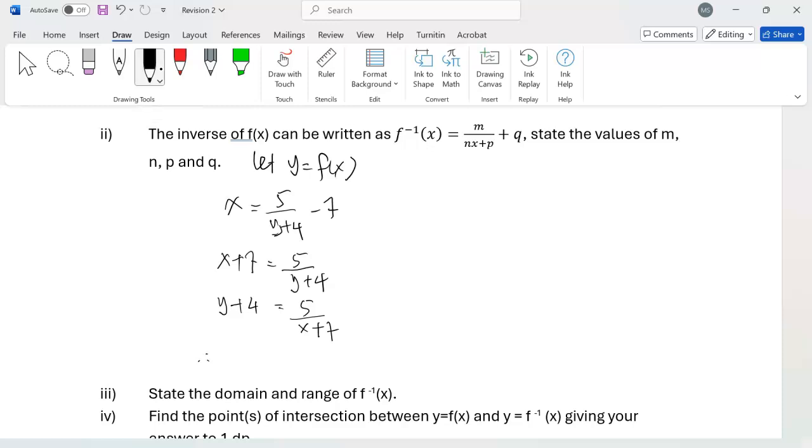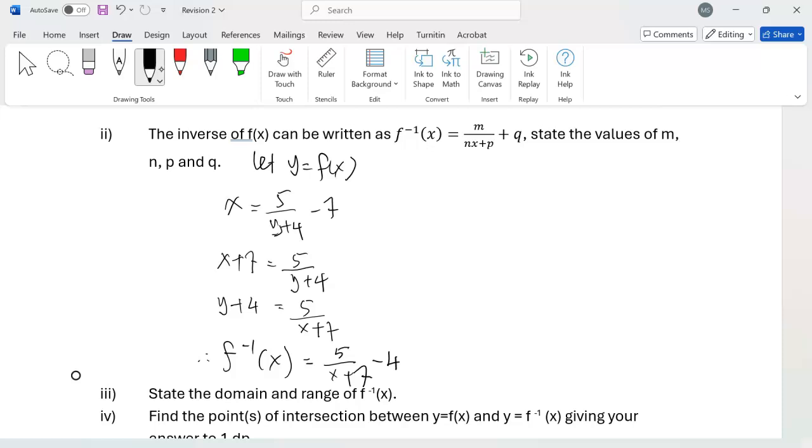Therefore your f inverse of x, I'm going to do it straight away so as not to waste time, would be 5 over x plus 7 minus 4.